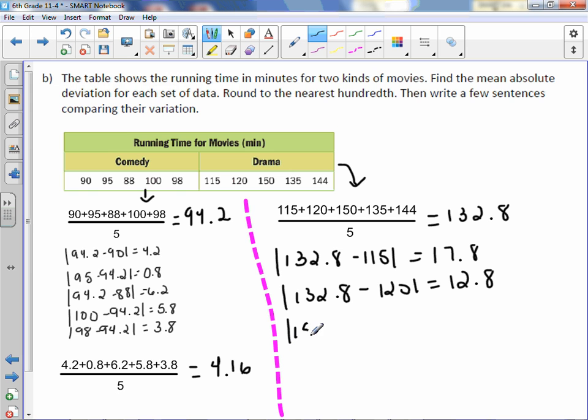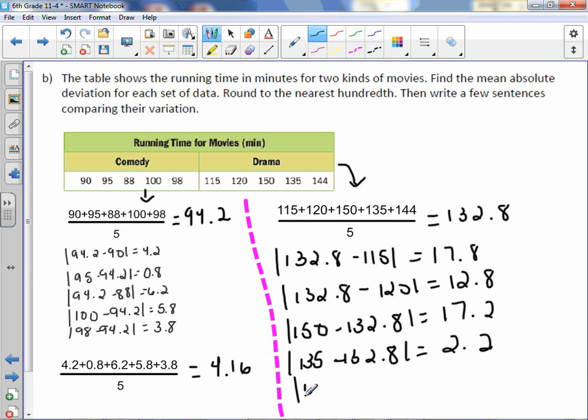Absolute value of 150 minus 132.8 is 17.2. Absolute value of 135 minus 132.8 is 2.2. And the absolute value of 144 minus 132.8 is 11.2.